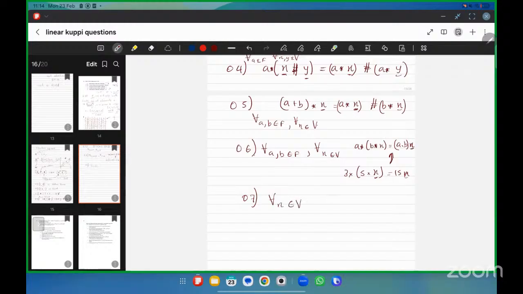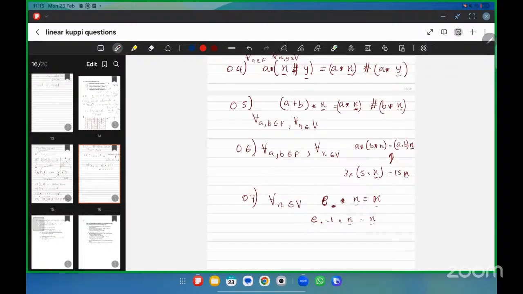the e dot star x is equal to, kind of like 1 into x is equal to x. So it is an identity element of dot.